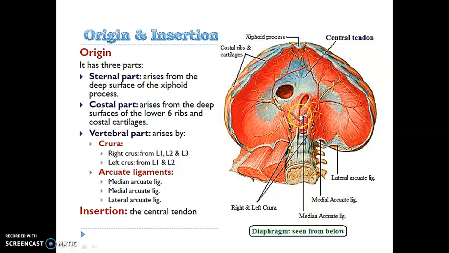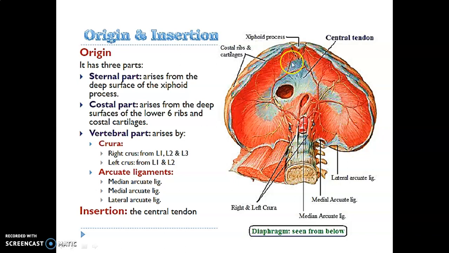Lateral to that, near the posterior abdominal wall, there is another arc-like attachment, which we call the medial arcuate ligament, and lateral to it the lateral arcuate ligament. So the vertebral origin includes the right crus and left crus, and also the arcuate ligaments on either side.